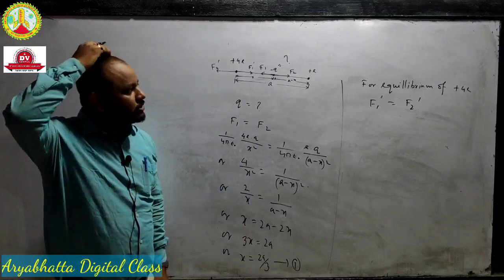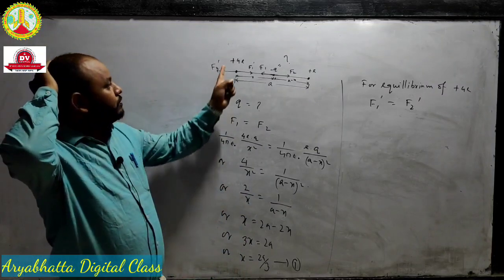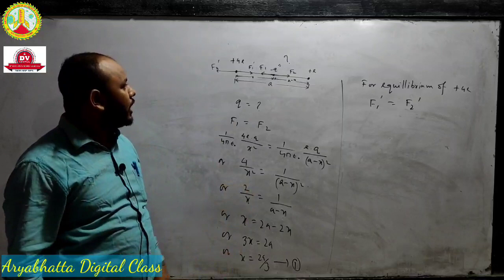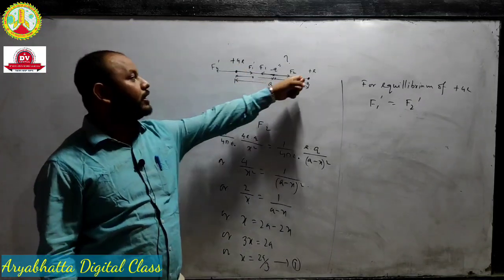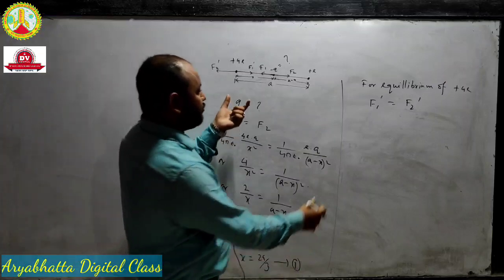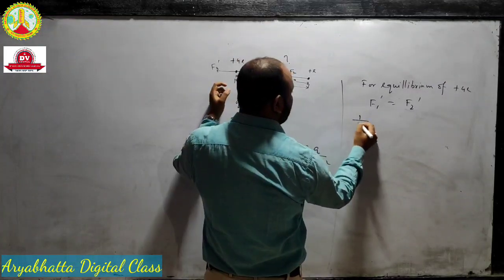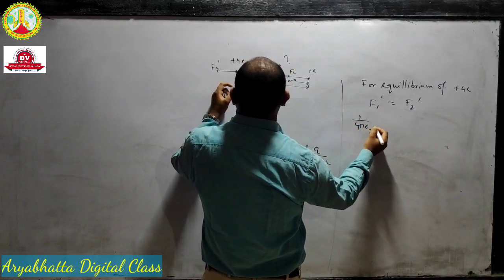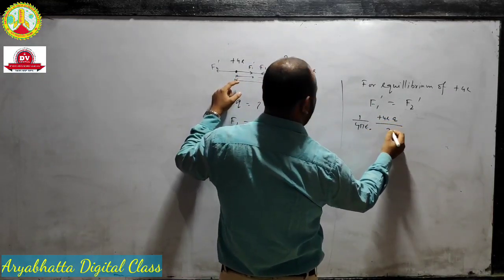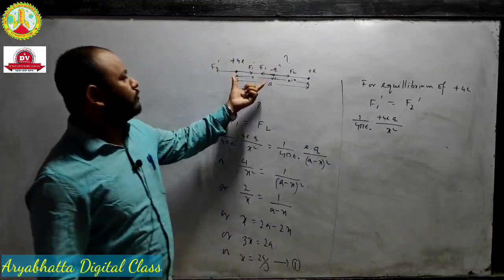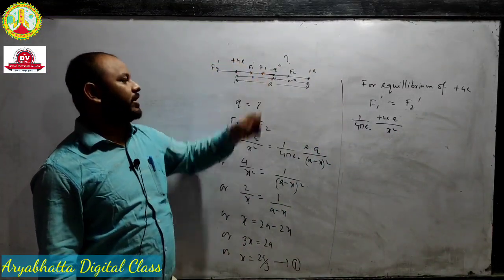F1 dash is the force of attraction between plus 4e and minus q, and F2 dash is the force of repulsion between plus 4e and plus e. F1 dash is how much? 1 by 4 pi epsilon naught, 4e q divided by x square, because it is the force of attraction between plus 4e and minus q.